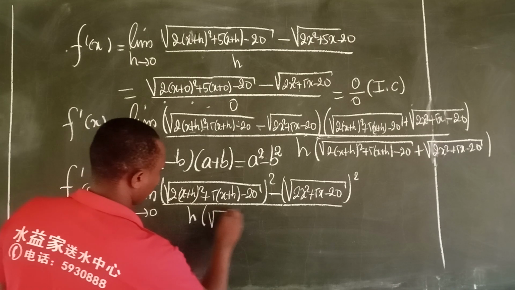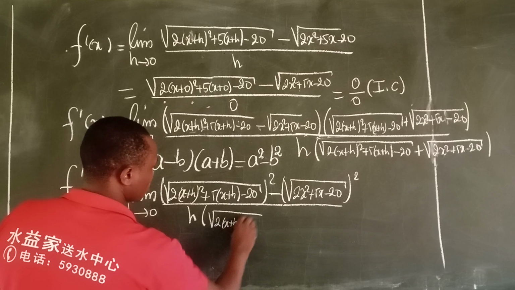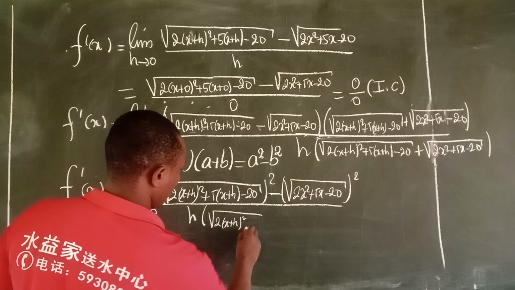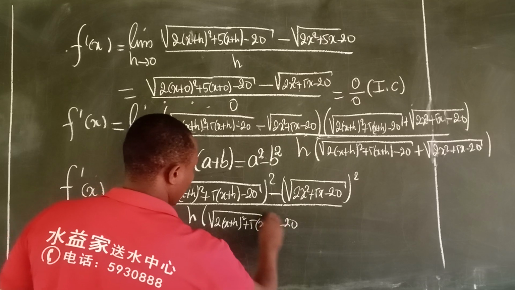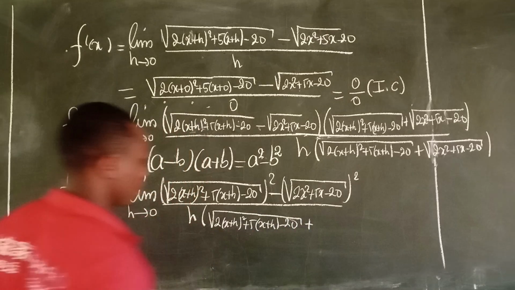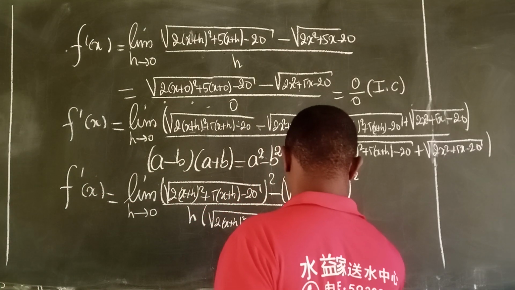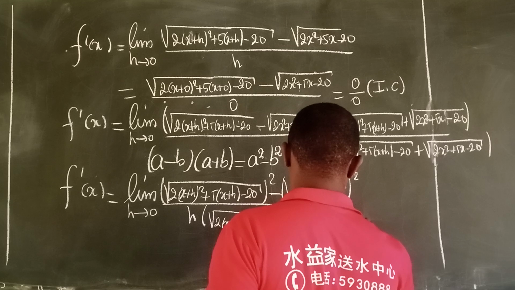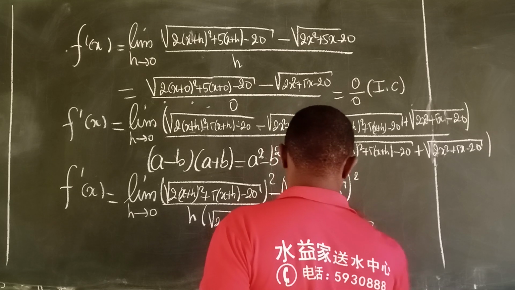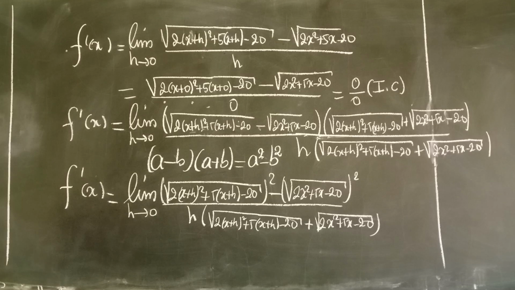The square root of 2 into (x plus h) squared plus 5 into (x plus h) minus 20, then add the square root of 2x squared plus 5x minus 20. Yes, it's this.